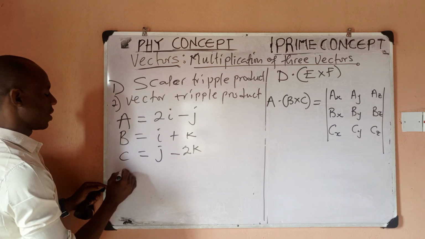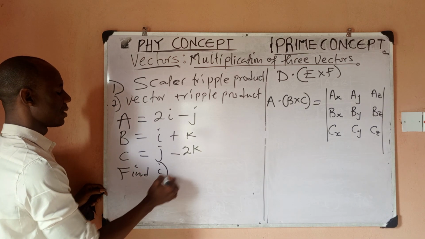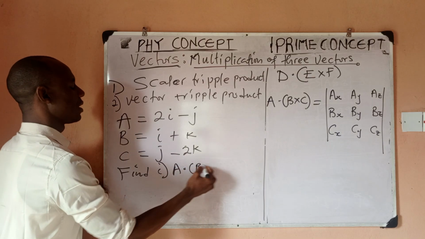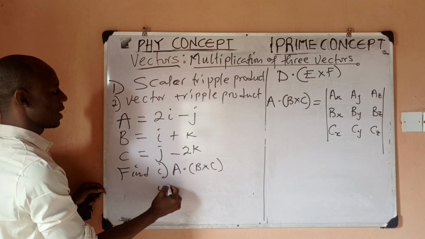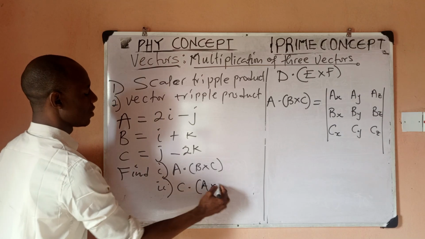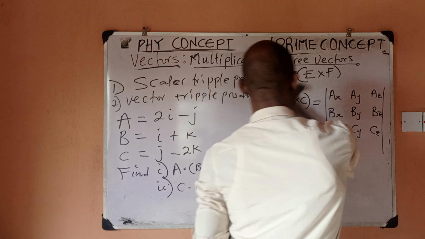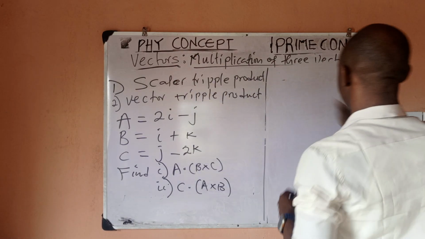And let's say this question says find A dot B cross C, then find C dot A cross B. So we're going to use this to confirm if this result would be the same.